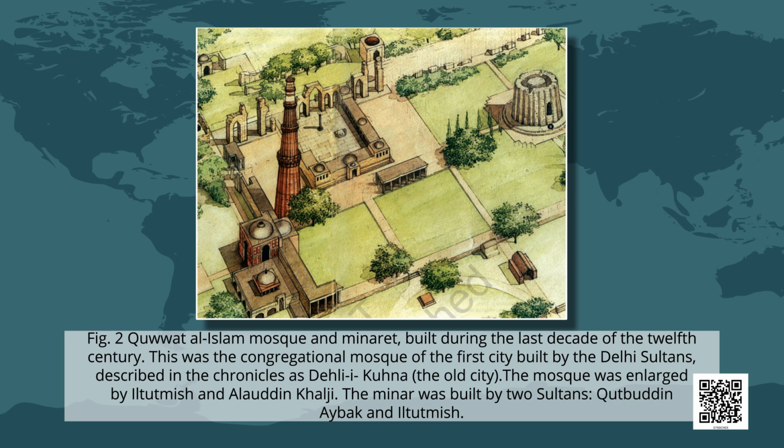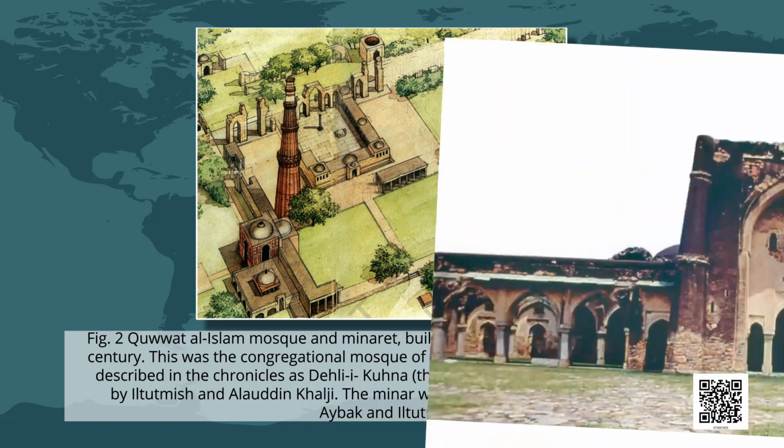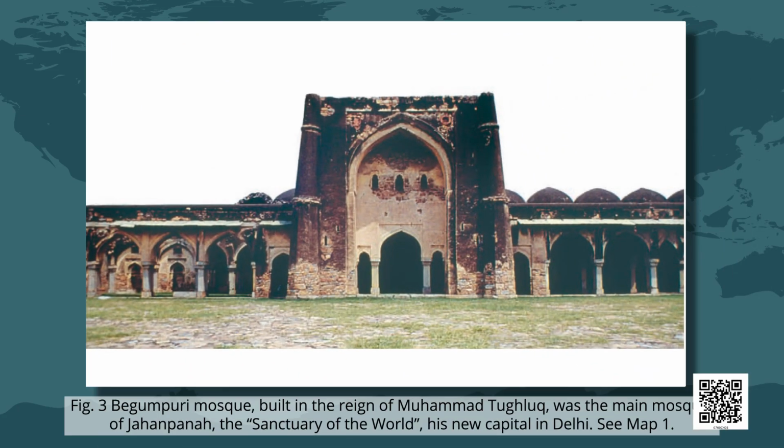The mosque was enlarged by Iltutmish and Alauddin Khalji. The minar was built by two sultans, Qutbuddin Aibak and Iltutmish. In figure 3, Begumpuri Mosque, built in the reign of Muhammad Tughlaq, was the main mosque of Jahanpana, the sanctuary of the world, his new capital in Delhi.